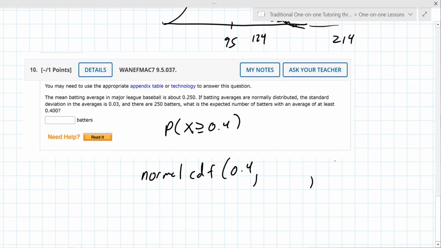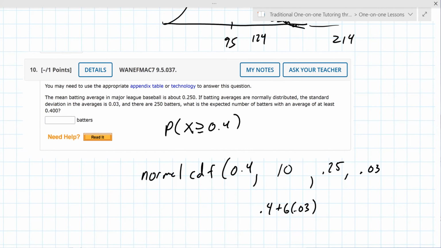Your upper is to be determined. The average is 0.25 and the standard deviation is 0.03. What I suggest is 6 standard deviations away, so it would be 0.4 plus 6 times 0.03. Now, if you don't like that, just pick 10. 10's far enough away, but it doesn't need to be 10 to the 99. That's kind of extreme for this.